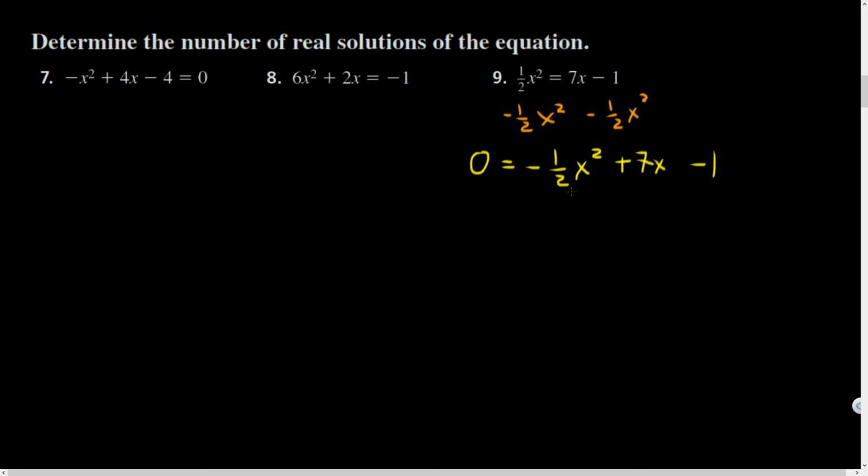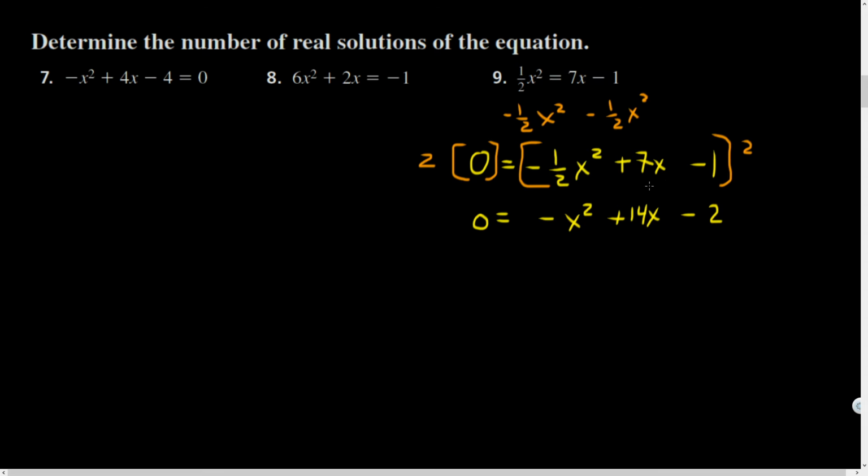The 4 will cancel out with a half. But if I wanted, I could get rid of the fractions by multiplying both sides by 2. Multiplying by the least common denominator of all of your terms will eliminate any fractions. So I'd have negative x squared plus 14x minus 2.